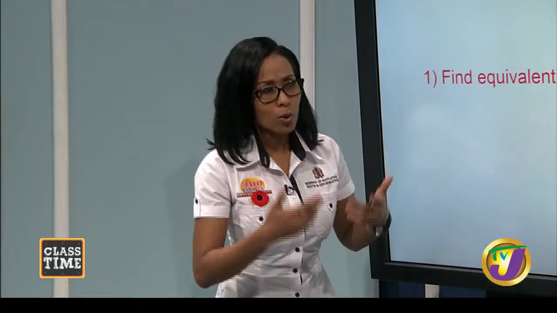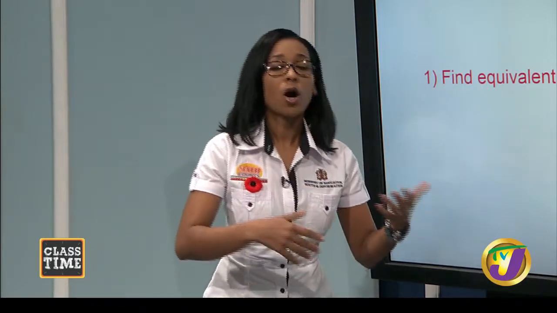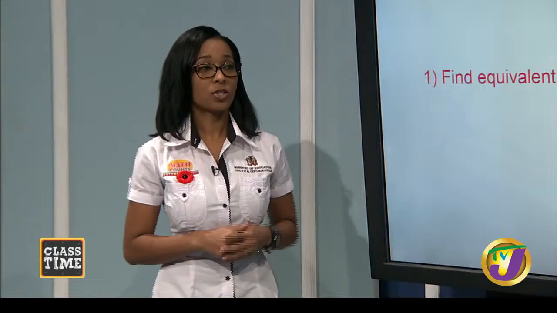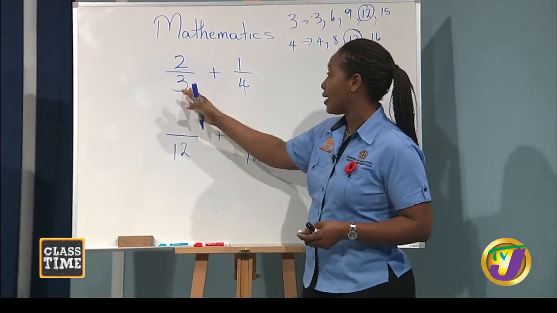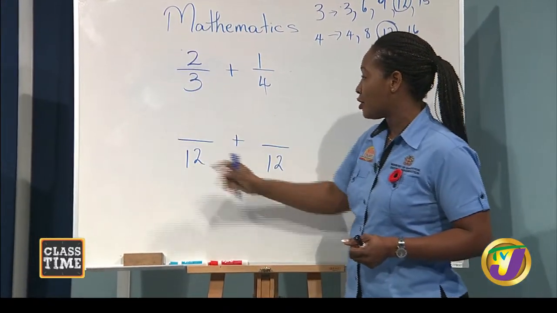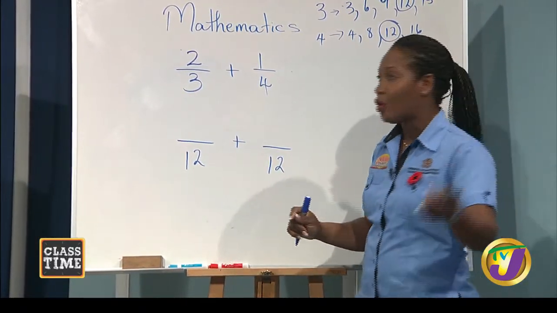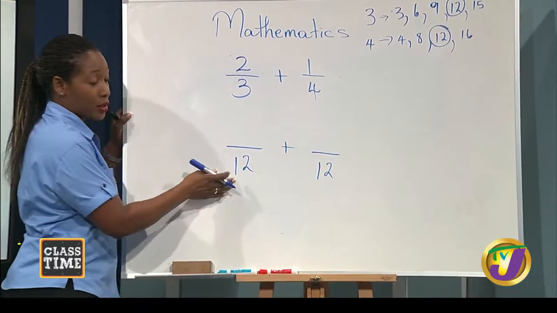And one thing that we know too, when we're doing equivalent fractions, it is basically another way of representing that fraction. So let's look at the fractions. We have 2/3, and we want to see what would have happened to 3 to get it to 12. We divide 3 into 12, and you get 4. So that means you multiplied 3 by 4 to get it to 12.